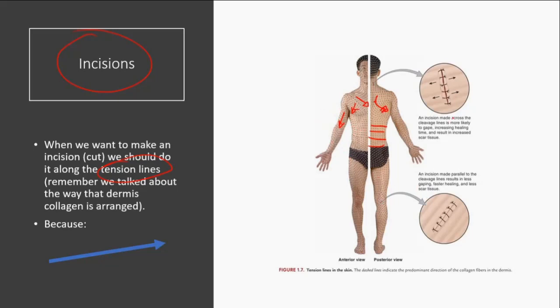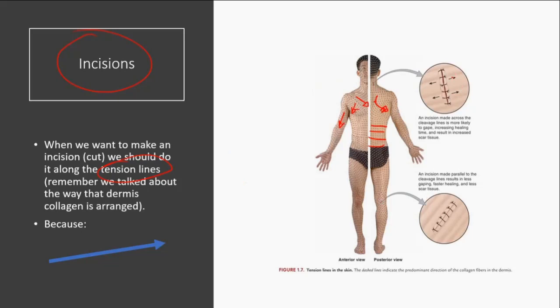Because what can happen is that if you make an incision in a different direction, then you're going to be damaging more collagen fibers, and it's going to make it very hard for your body to heal that specific cut.